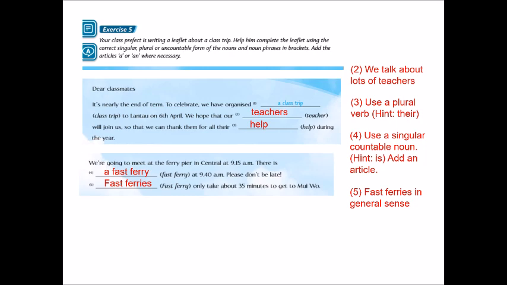In question 3, the subject is there. You must use a plural verb with the pronoun there. So you must use a plural verb. For question 4, you must use a singular countable noun because you can see there is, plus you must add an article. So the answer is a fast ferry.